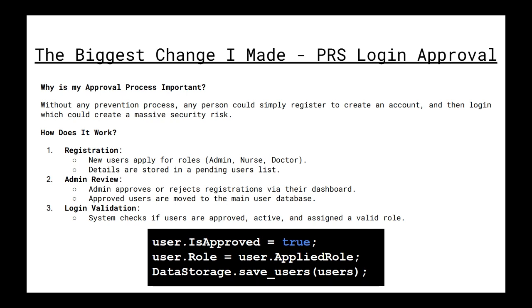The code snippet at the bottom shows how the admin updates a user's approval status, then serializes the updated users list back into the users.json file, ensuring that the user data persists and is securely stored. By using JSON serialization and deserialization that you taught us in class, the system can efficiently manage user data across all of my various processes, ensuring security, integrity, and proper role-based access control.